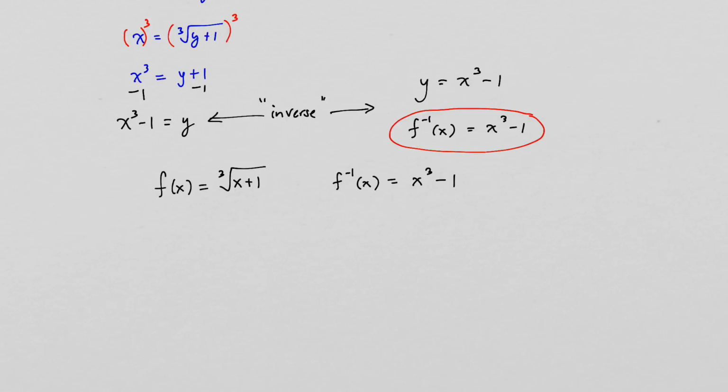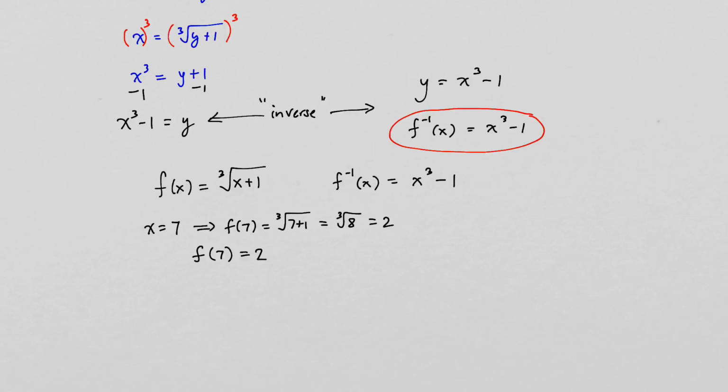So, for example, if x equals 7 here, then f of 7 would be the cube root of 7 plus 1, which is the cube root of 8, which is 2. And so we can see that f of 7 is equal to 2.